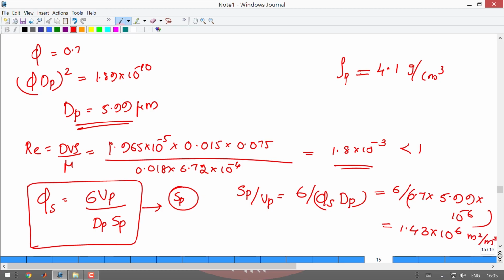After substituting the volume you will get Sp equal to 1.43 into 10 raised to 6 into 10 raised to minus 6 divided by 4.1 gram per centimeter cube, which is equal to 5.9 meter square per gram. So, the surface area of the particle is 5.9 meter square per gram.